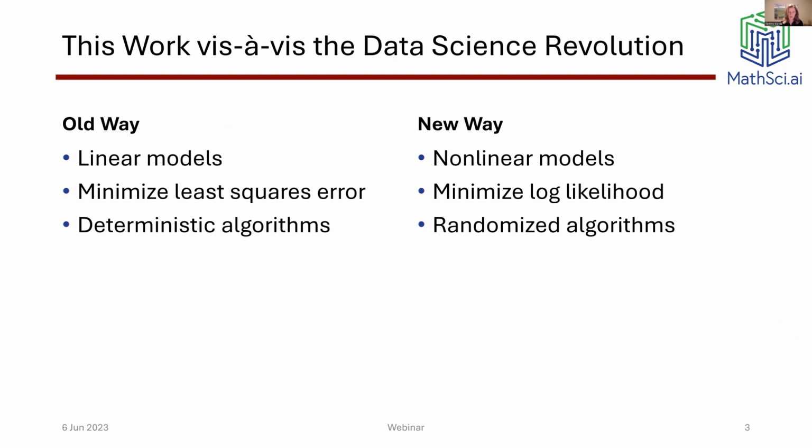One thing that we do typically in tensor models is minimize the least squares error. And today we're going to look at it from a different viewpoint of minimizing log likelihood, and that opens up some new avenues for changing up the objective function. And then the last thing, if we have time, and I think we should: in the old way, we thought about using deterministic algorithms to solve our problem. I'll talk a little bit about randomized algorithms.